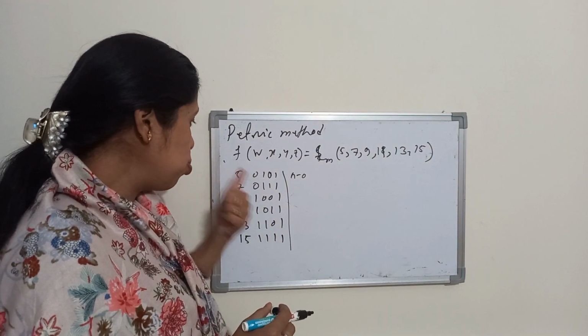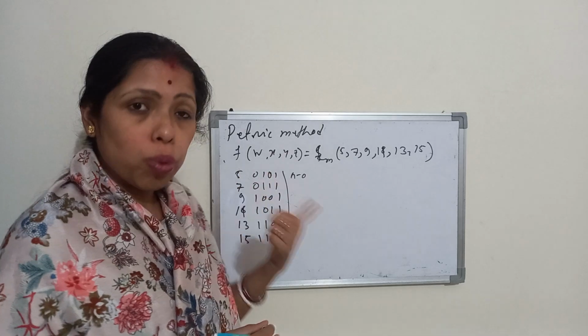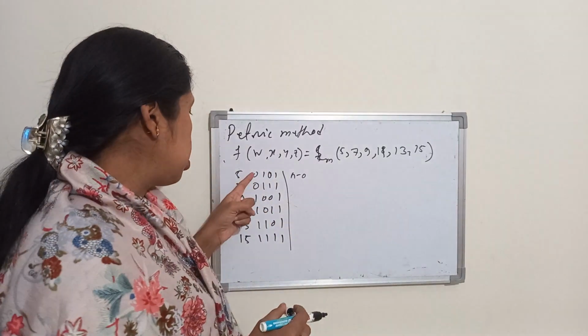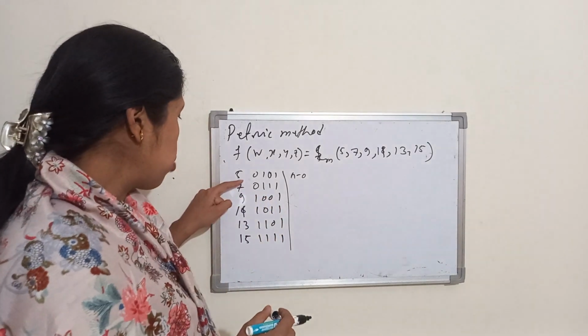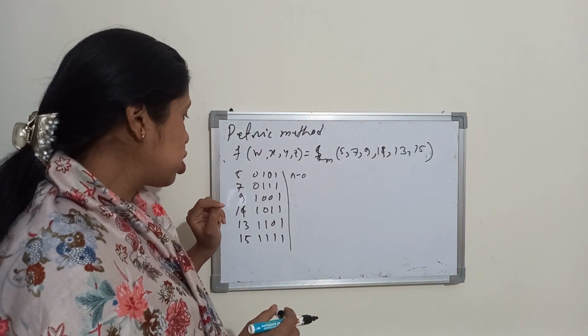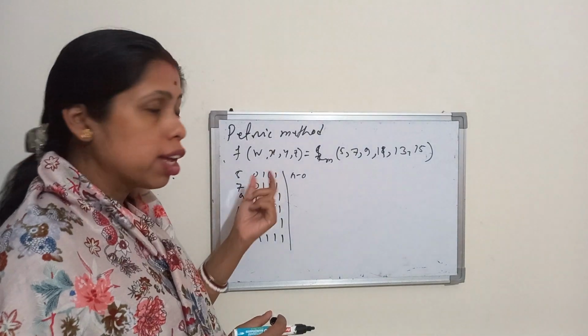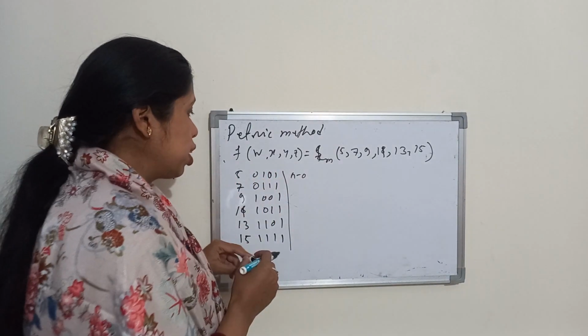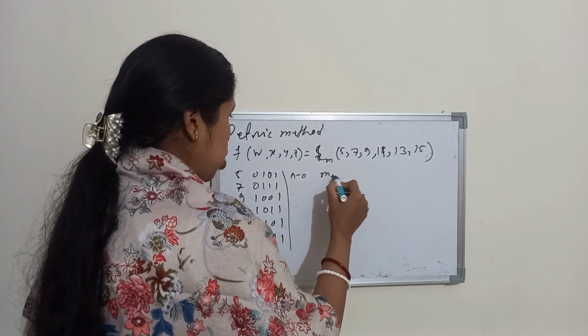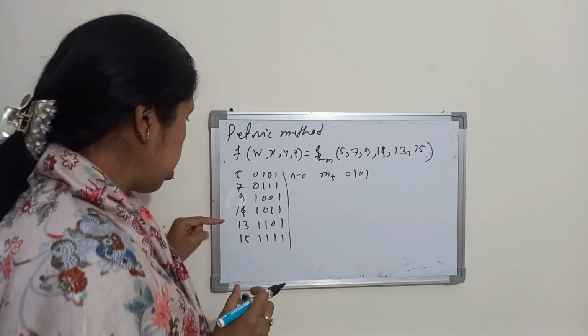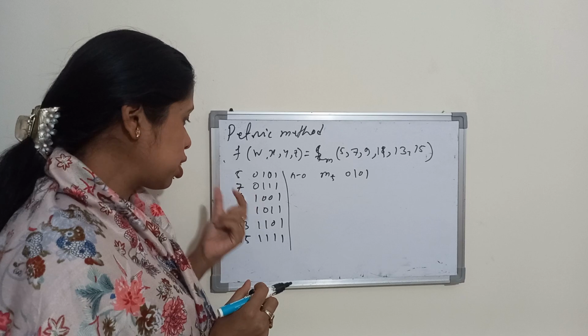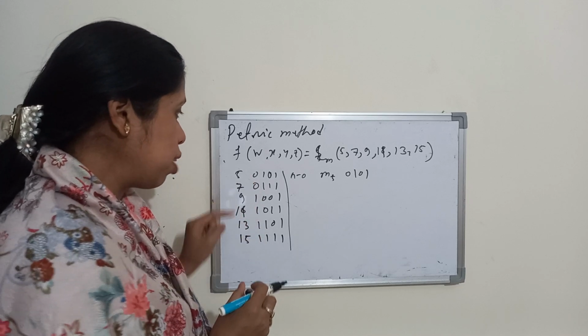There is no element which has only a single one. Now I'm counting 5. In 5, you can see two ones are there, so I am writing 5 in this group as 0, 1, 0, 1. I will check whether any more minterms have two ones, such as 9.